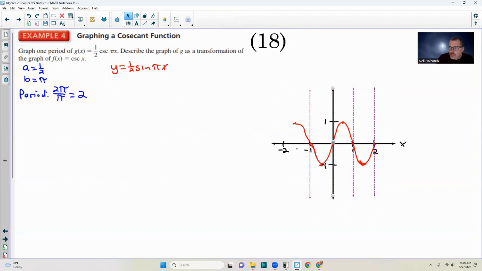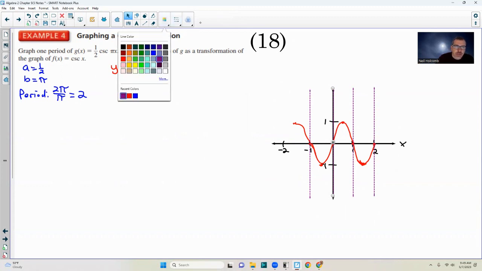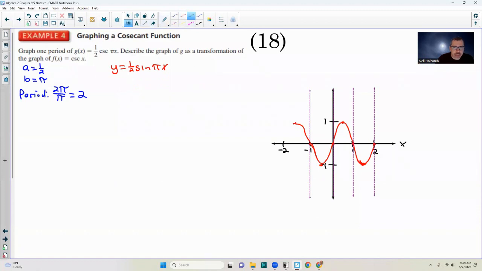And now we're going to graph our inverse function. I'll do it in green again. So it's going to be here, and here, and here, and going the opposite direction. Okay, get the idea? And so the green is our 1/2 cosecant pi x.